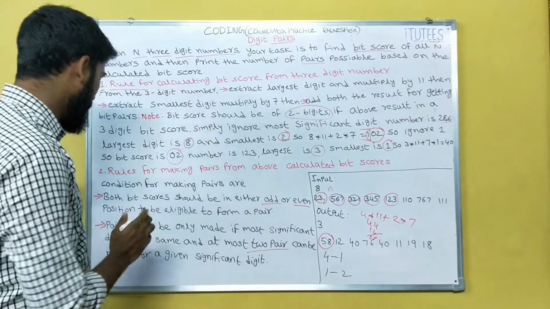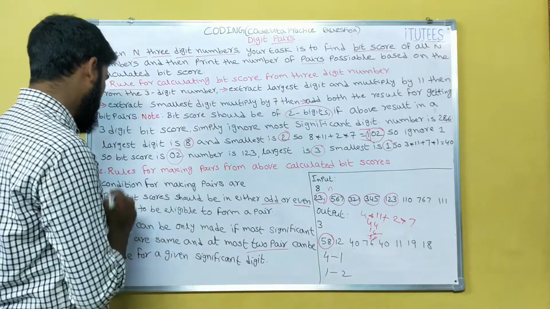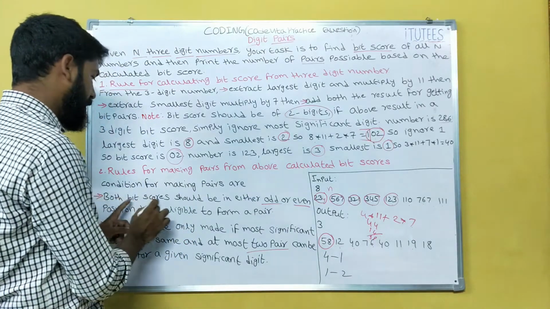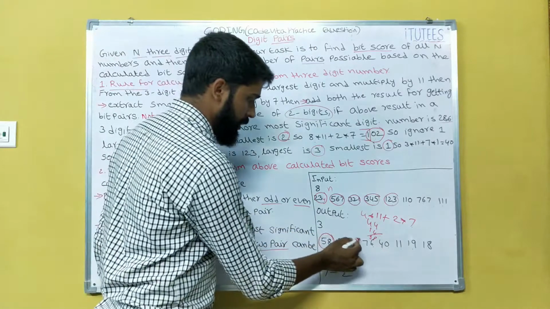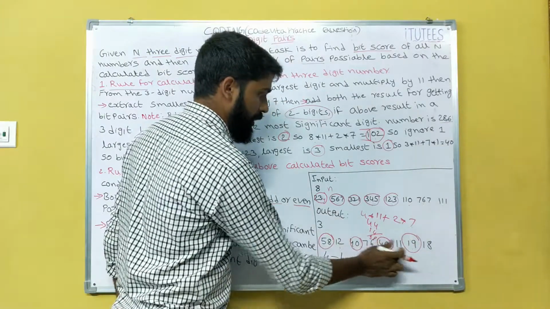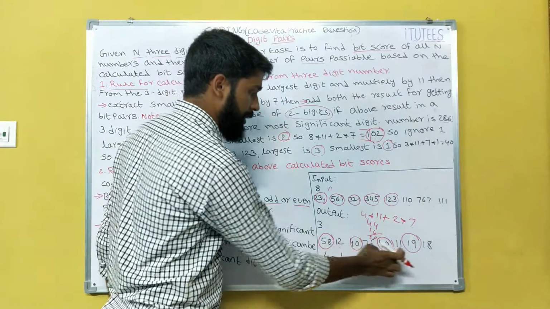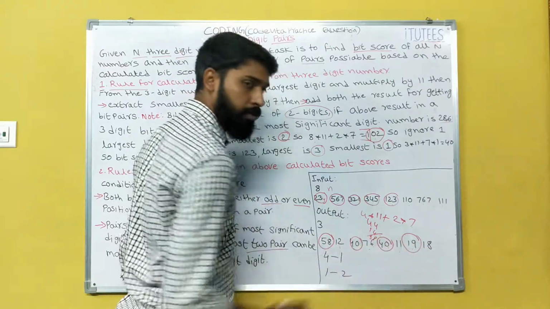The next rule is to pair the bit scores. So how can we pair? Both bit scores should be in either odd or even positions. So these are the odd positions, 1, 2, 3, 4, and the remaining numbers we consider as even positions.